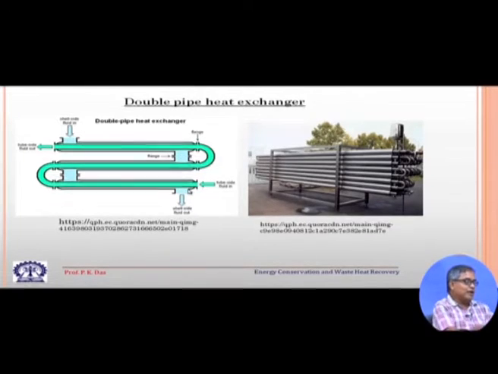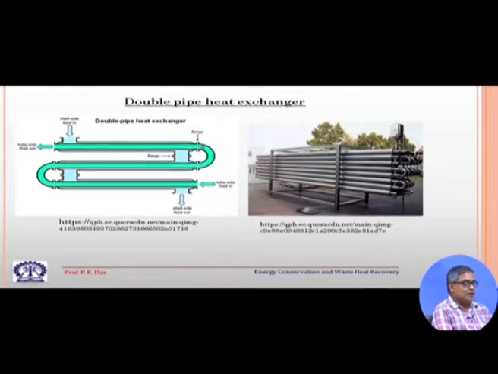Here it is kept in a hairpin-like arrangement, and there are a number of turns. The flow direction changes from here, and then again it takes a turn, and there could be quite a few turns.